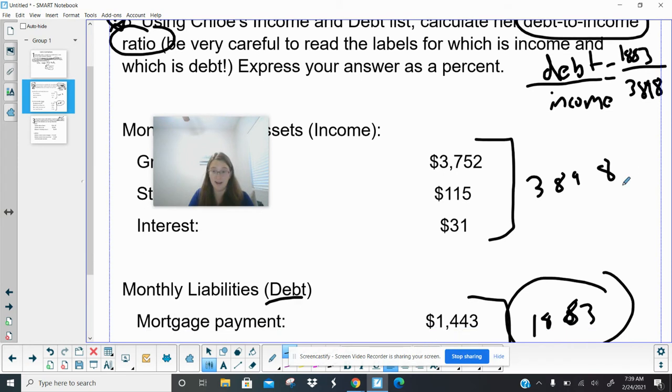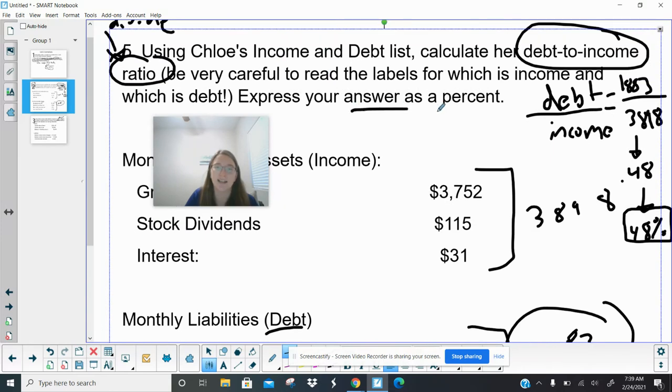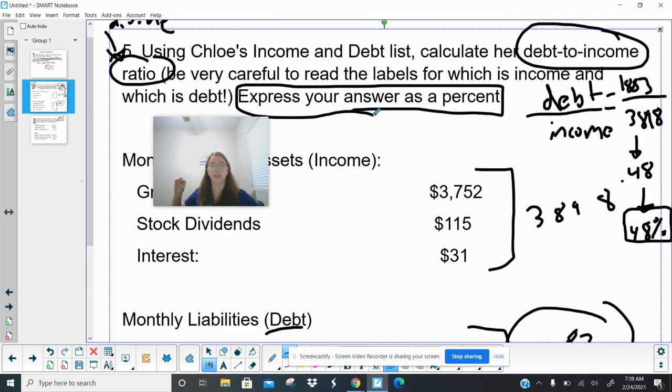If you divided but still got the wrong answer, you probably divided it the wrong way. So when you divide it, this gets 0.48 for me, which is 48%. Now I went back through and regraded everybody's test. So if you would have left the answer as 0.48, I gave it to you, or whatever your answer was. But it did say to express your answer as a percent, which is why it may have marked it initially wrong.